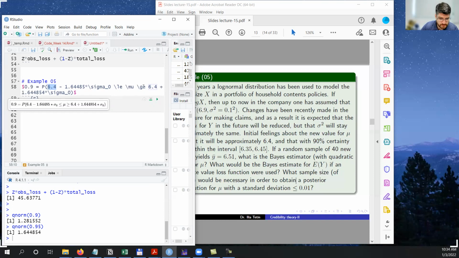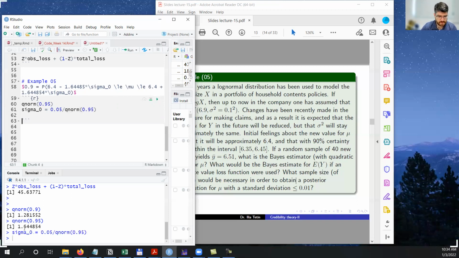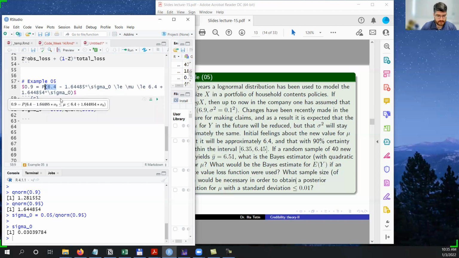It follows that sigma 0 is 0.05 over qnorm of 0.95, so sigma 0 is actually 0.03.